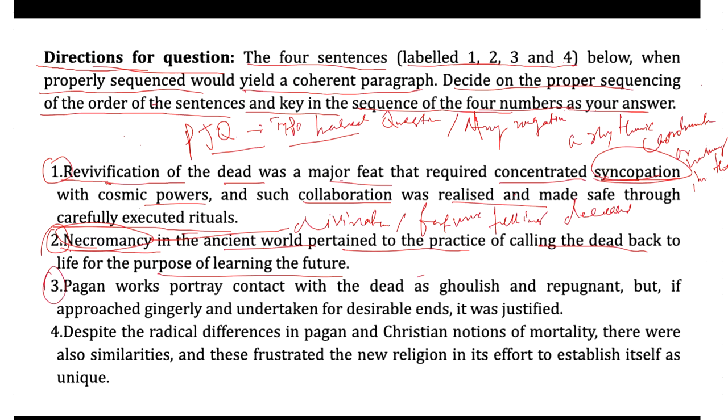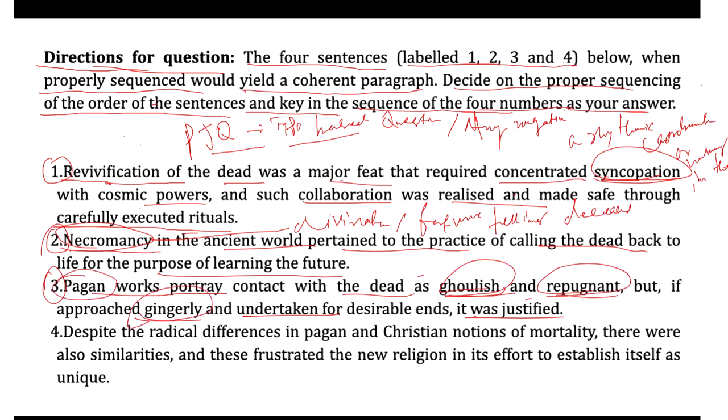Statement 3 points out: pagan works portray contact with the dead as ghoulish and repugnant, but if approached gingerly and undertaken for desirable ends, it was justified. Now, this carries lots of difficult language: ghoulish and repugnant, and also gingerly, and pagan.